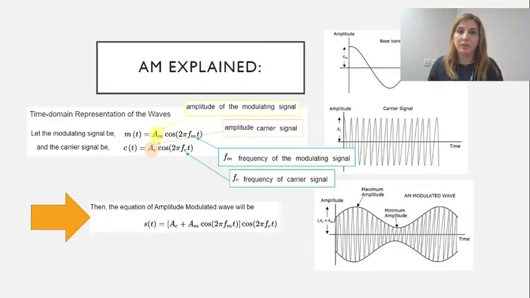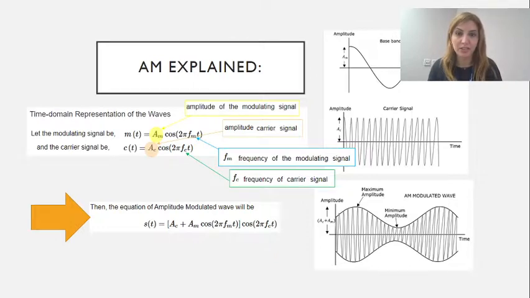Now I looked at the mathematics. I explained that the result of that multiplication is going to give me this sinusoid s(t) here. This will be my modulated signal, and I explained that the maximum of any sinusoid wave can be 1.